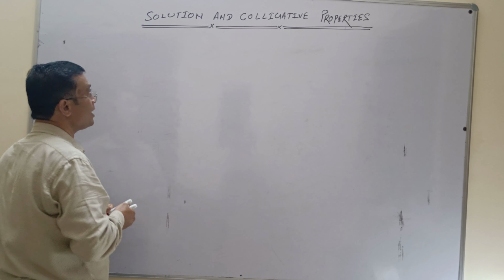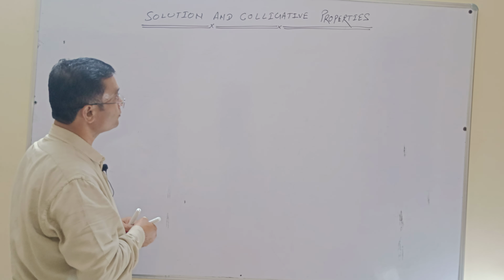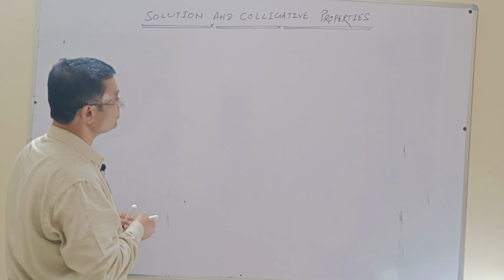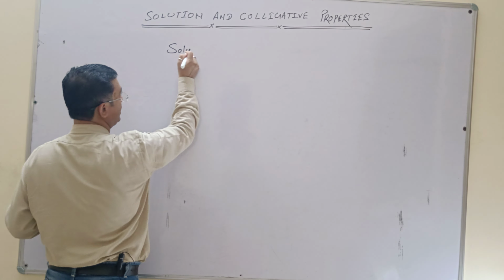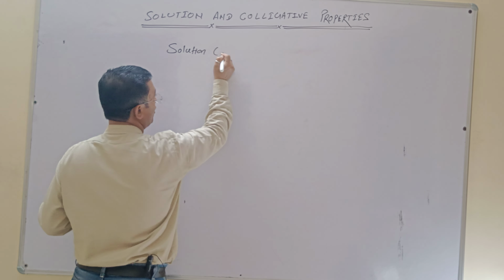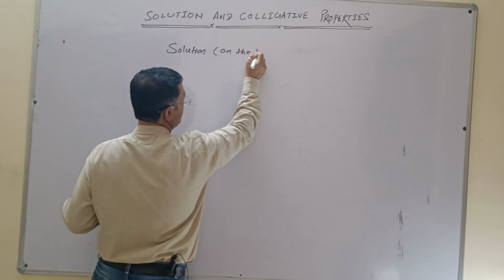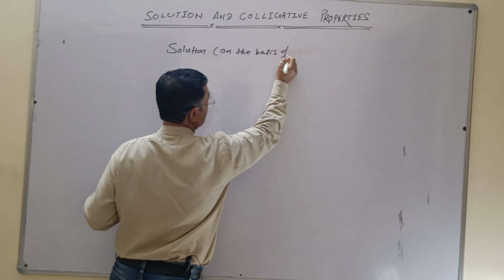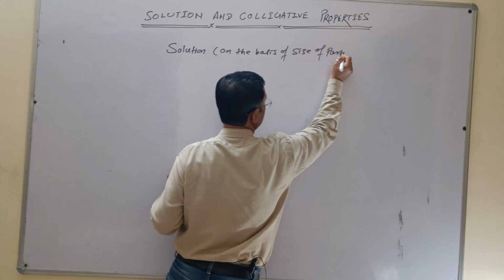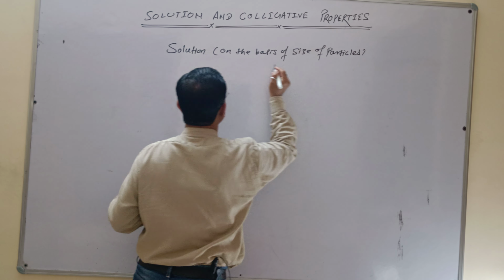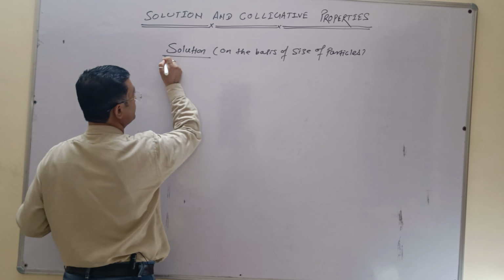First, when I am talking about the solution, then what is the solution? The solution can be classified into two categories on the basis of size of particles. What are the two categories of the solution?